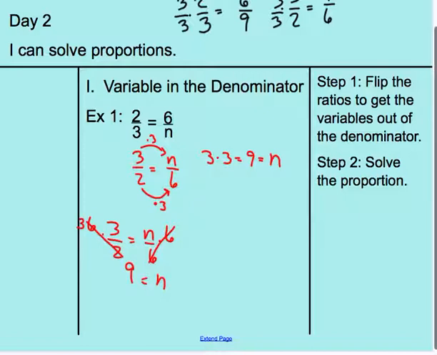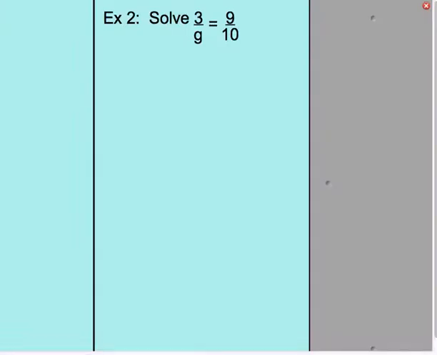But what I would like you to do is notice this relationship that I pointed out here. That if a number in both denominators or a number in both numerators is the same, you can just follow that pattern. Let's take a look at another one.